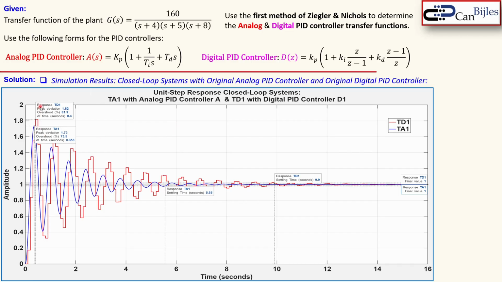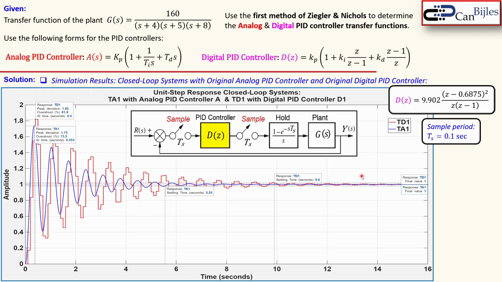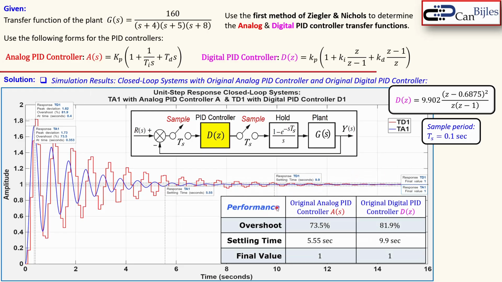You see here the red one has a little bit larger overshoot, not much larger actually, and it's also much slower. So this is again the transfer function and also the diagram. You see here the D of Z and the sampling period of 0.1 second. And here the performance. Looking at the closed loop transfer function using our original analog PID, we had an overshoot of 73.5%.